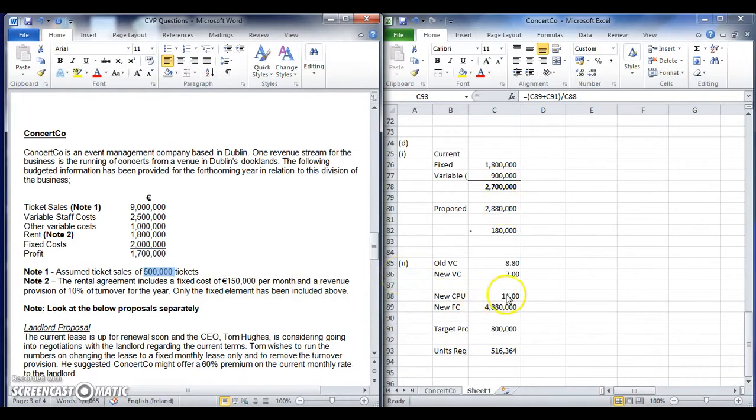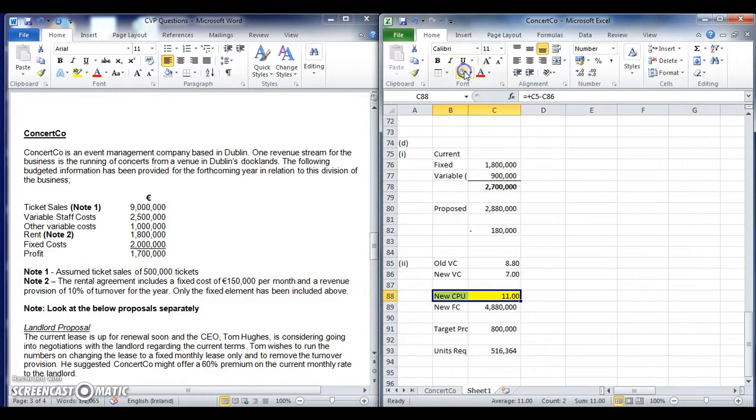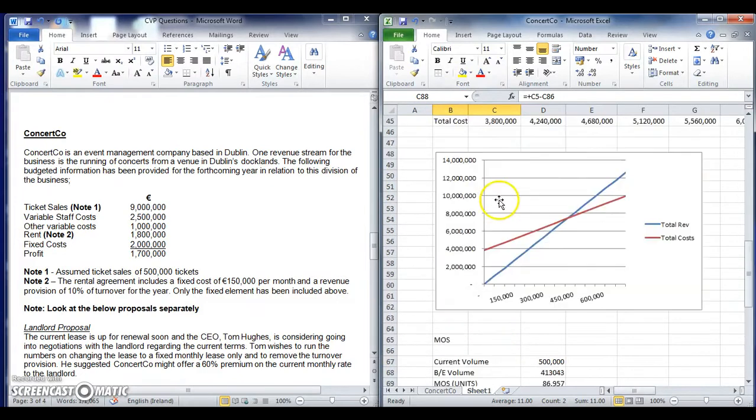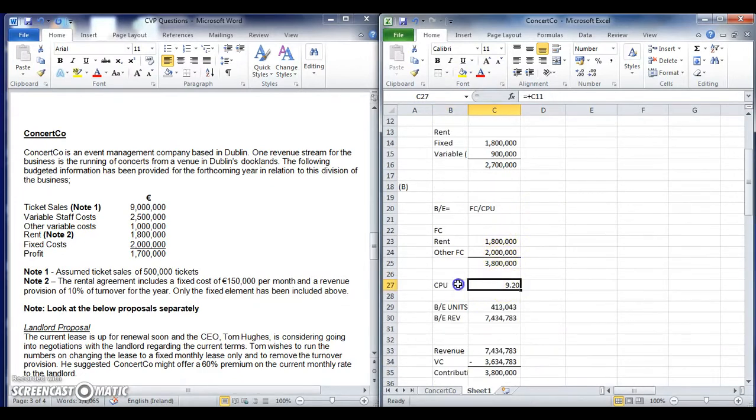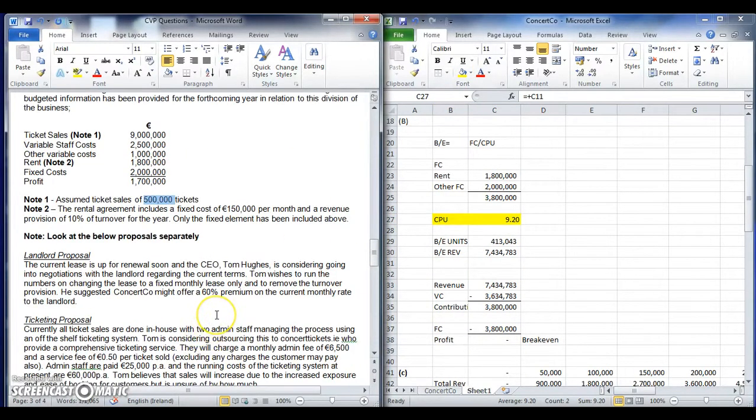But the more important thing, and this comes back to your cost structure, is that this contribution per unit of 11 is more beneficial than the contribution per unit of 920. So getting back to your operating leverage, the bigger scale you go over and above your 500,000 units, this new lease structure is more worthwhile, because it gives you bigger benefit for bigger profits.